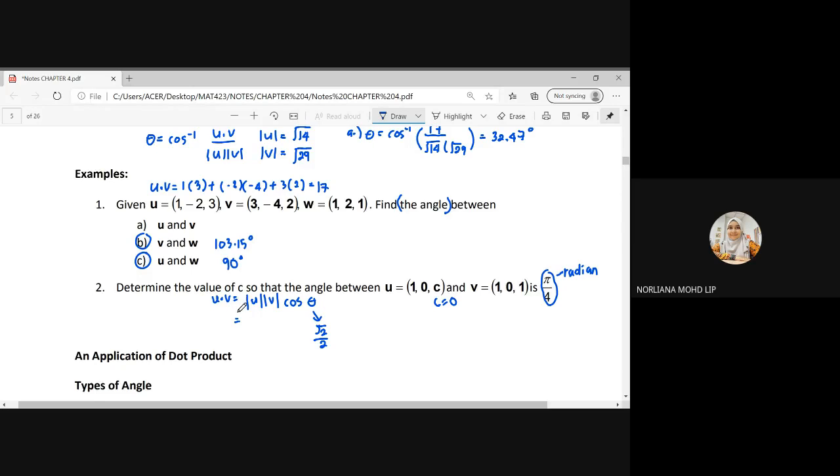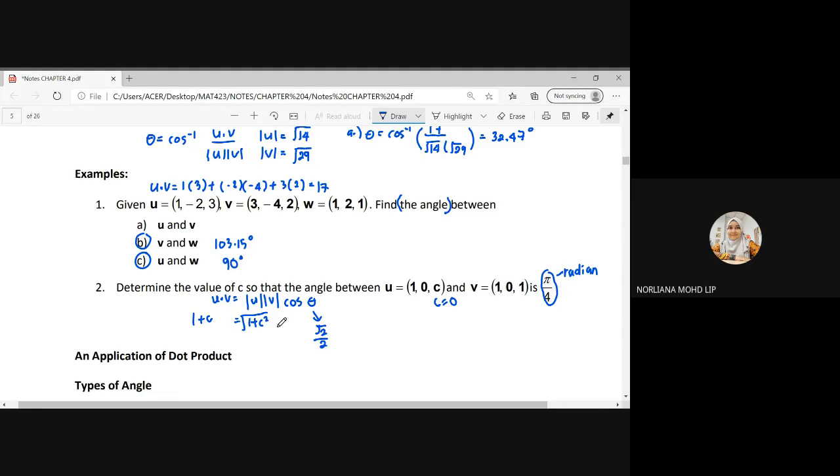Can you do this? What do you get for U dot V? You get 1 plus C, right? Okay, magnitude of U is square root of 1 plus C squared.